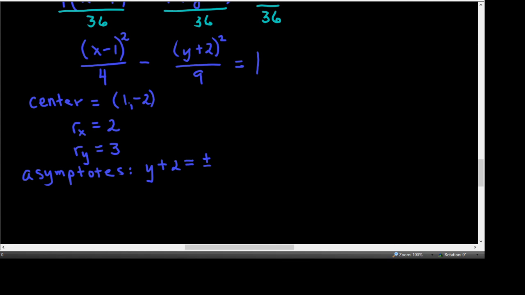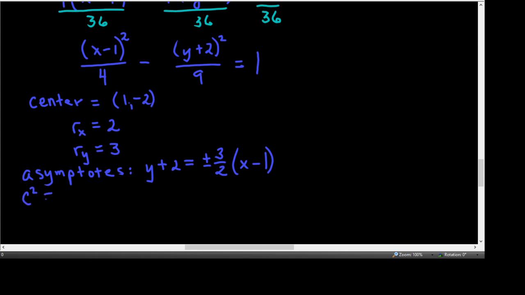Remember, it's r sub y rise over r sub x run. 3 over 2 does not reduce, so I'll go ahead and just write 3 halves, times the quantity x minus the x coordinate of the center, 1. Okay, so let's go ahead and find c.